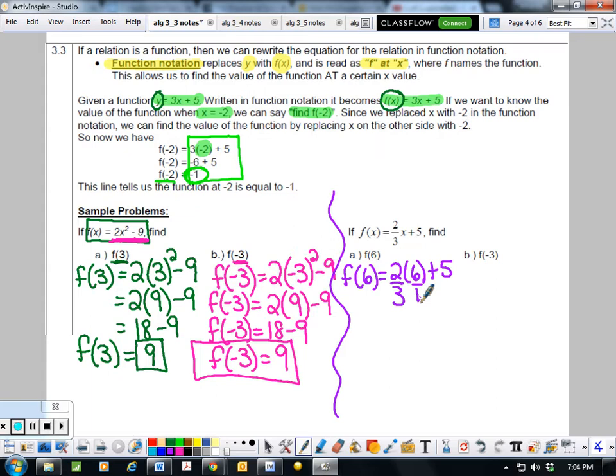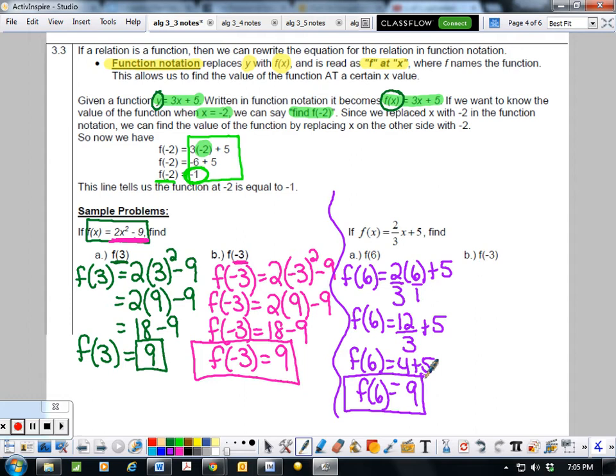And then I times the top and I times the bottom. So f at 6 equals 2 times 6 is 12, 3 times 1 is 3. And now I divide. So 12 divided by 3 becomes 4. And 4 plus 5 gives me 9. So the value of my function at 6 is 9.